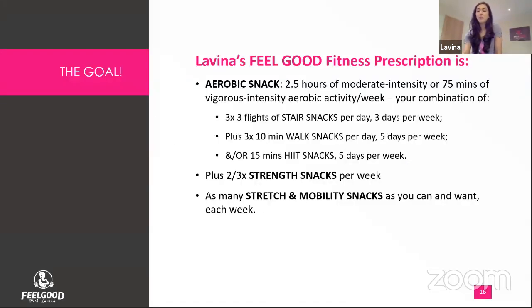So what is the goal? I guess I've given you a lot of little ideas. I've just put this slide together, like a little prescription. I'd love you to do the stair snacks, plus try and aim for the walk snacks to build up to the government guideline, or if you want to do a bit of HIIT training for vigorous intensity, all great, and try and build in some strength training.